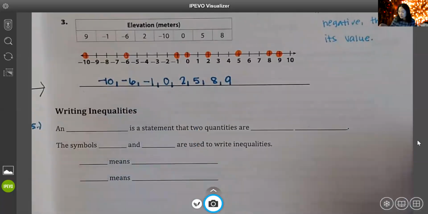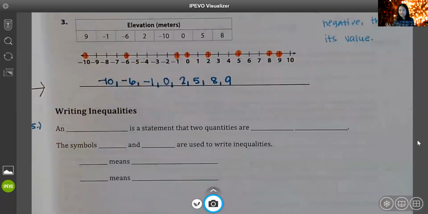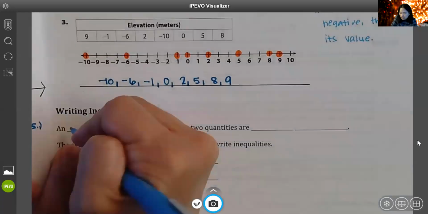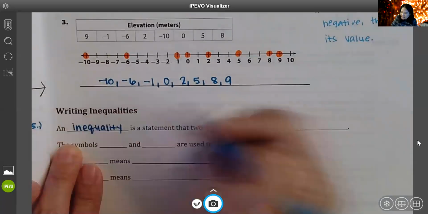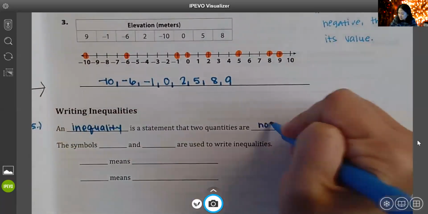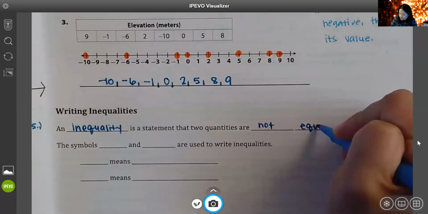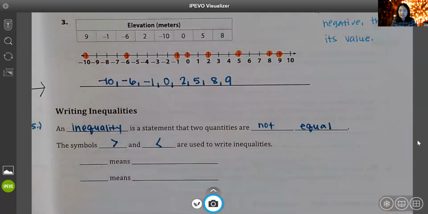Okay, what about just simply comparing and writing inequalities? Remember we learned about inequalities in the previous unit 2. An inequality is a statement that says two quantities are not equal. The symbols greater than and less than are used to write inequalities.